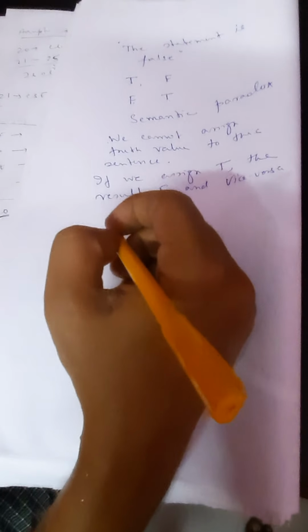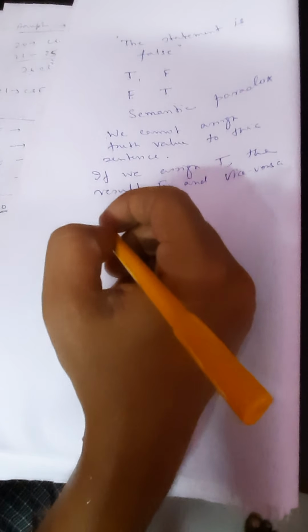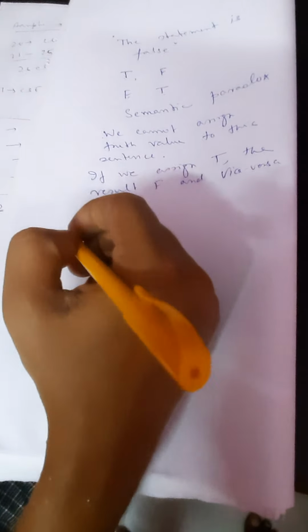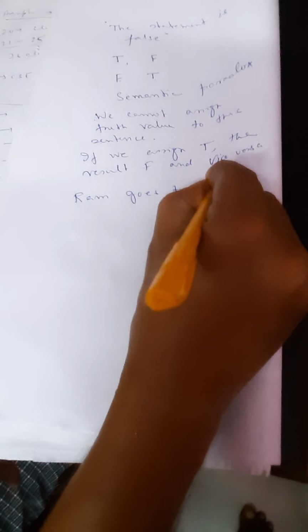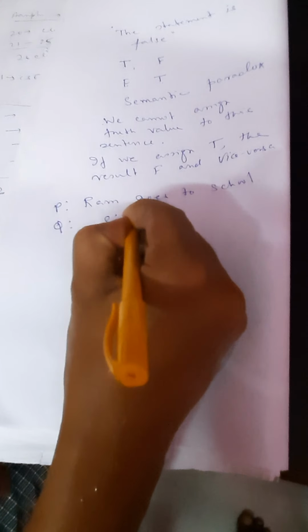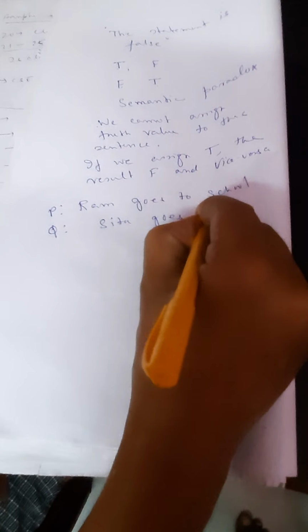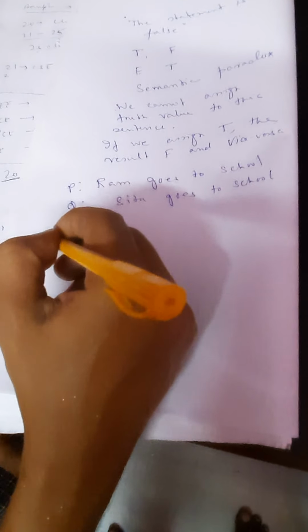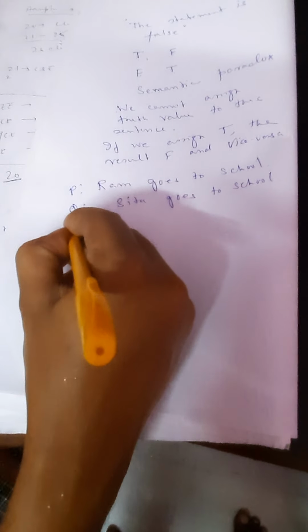Okay. Now we will develop the subject and study small sentences. For example, Ram goes to school. We denote this statement by P. Again, let us consider this statement Q: Sita goes to school. Therefore, if both Ram and Sita go to school, we can denote it by this.